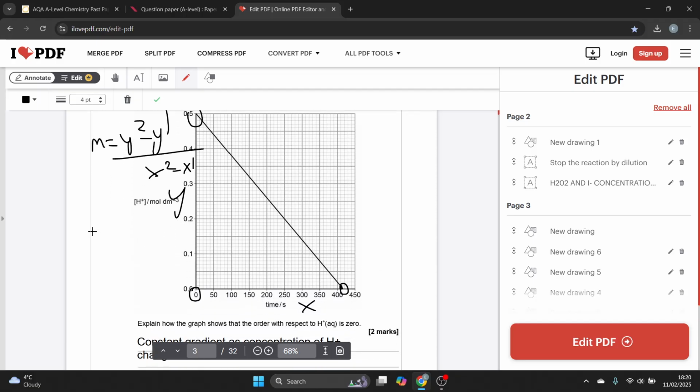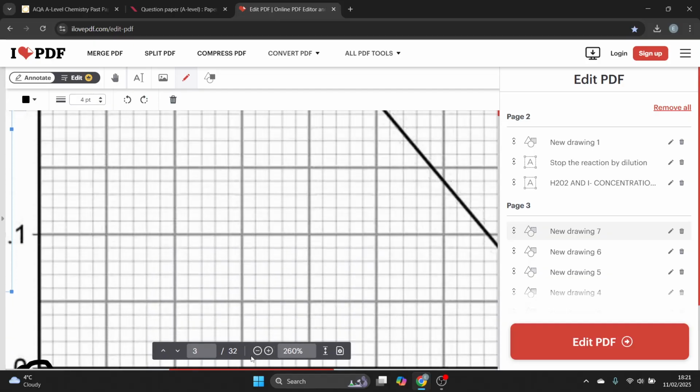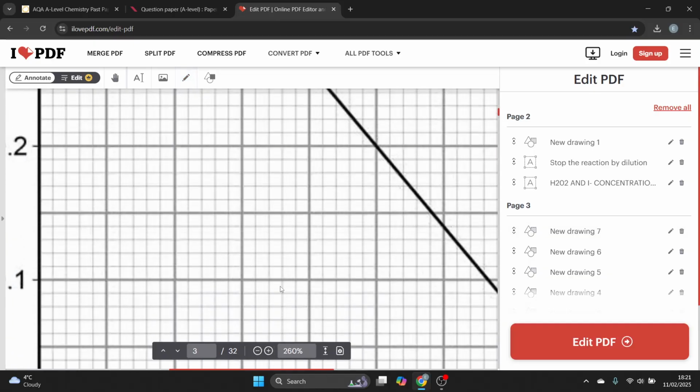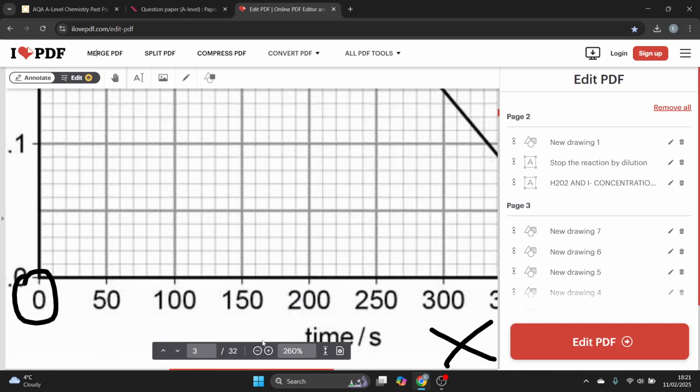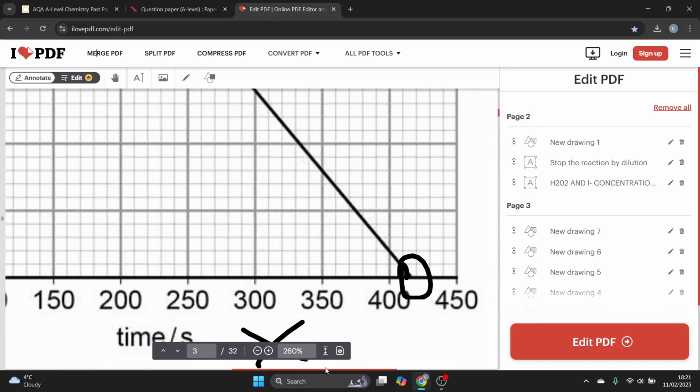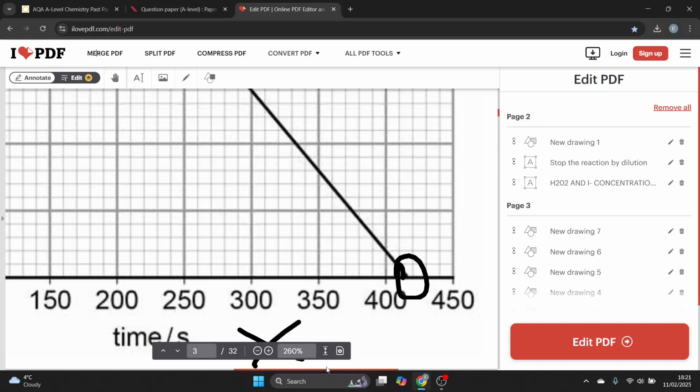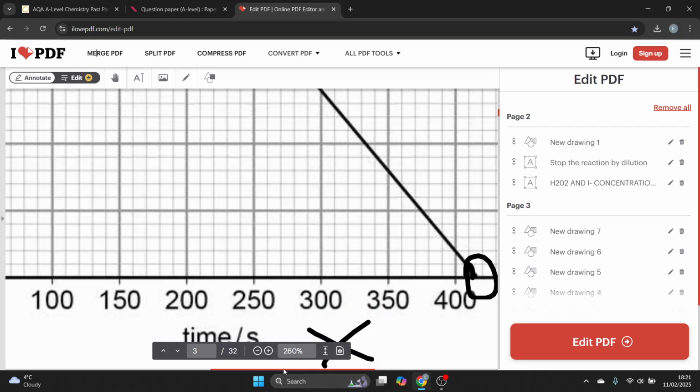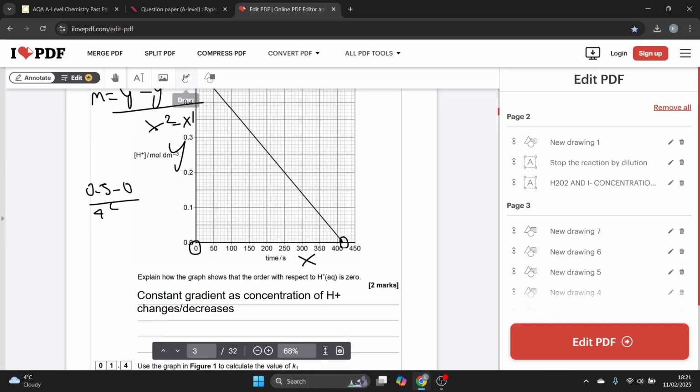For x it's not 4. It's 410, 420, 430. Wait, I can just do this instead of having to look around. It is 410, 420, 430, 440, 450. So it looks like 415. So let's say 415.